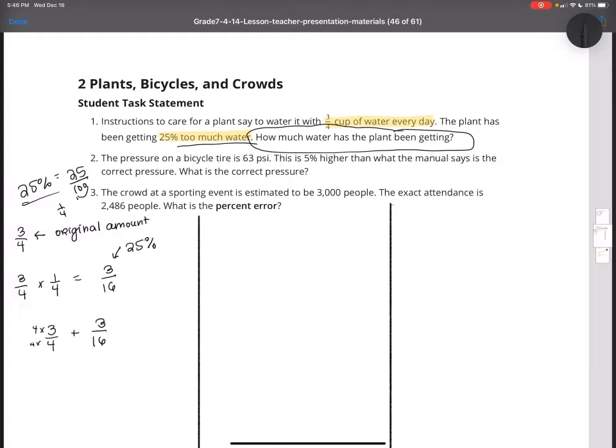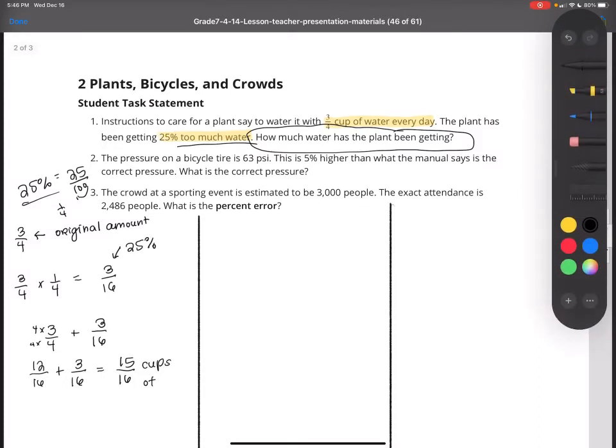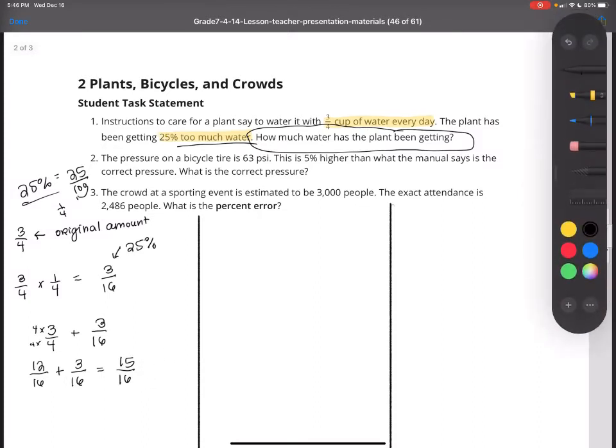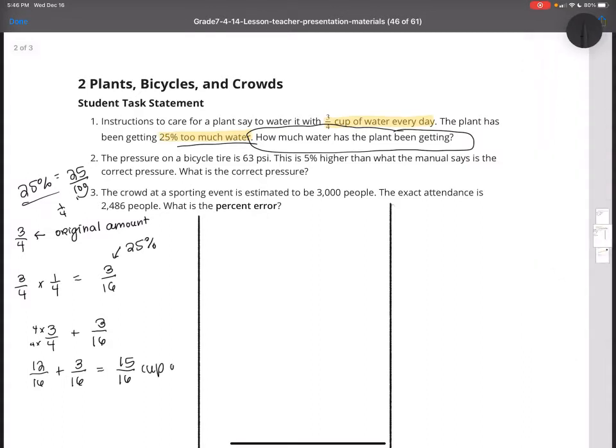So when I do that, I should say, okay, this is 12 over 16 plus 3 over 16, which is equal to 15 over 16. And I want to put cups, 15 over 16 cups of water. Okay, that is our final answer.